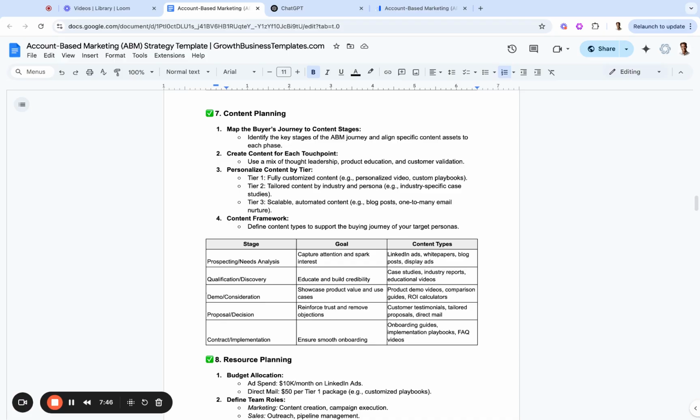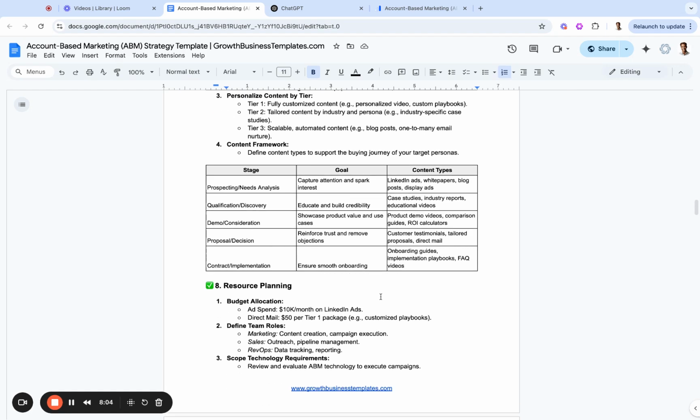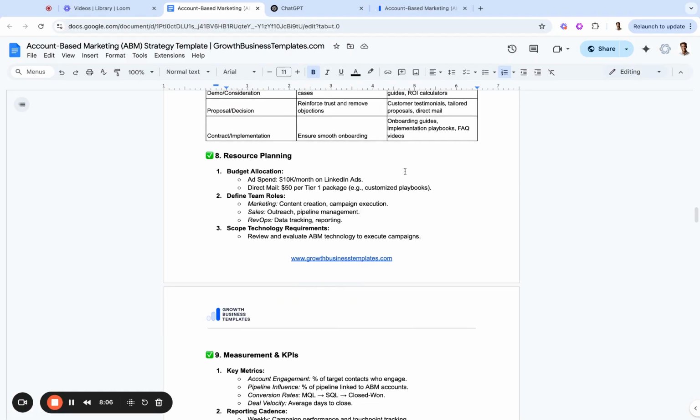So it's not only by stage, but it's by platform as well. And so I think this content framework, which I've included here, is very helpful just to identify the stage, the goal of the stage of that particular piece of content, and then the different types that you may use for the different platforms.